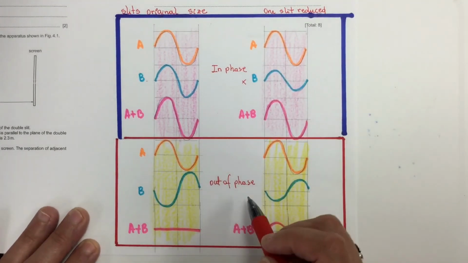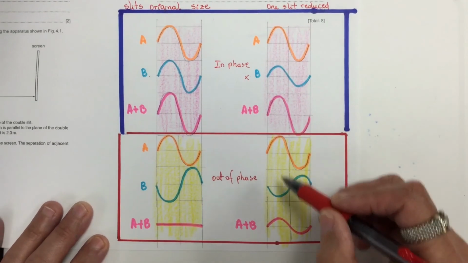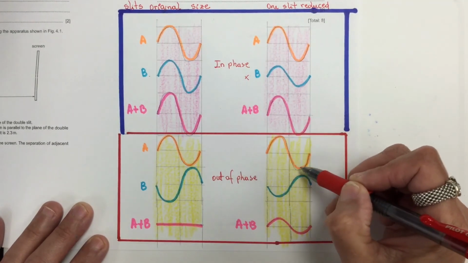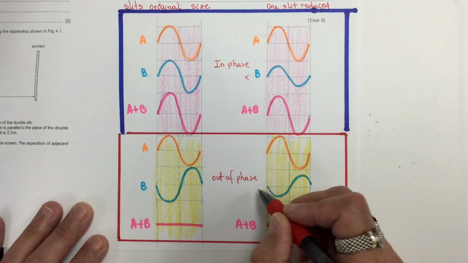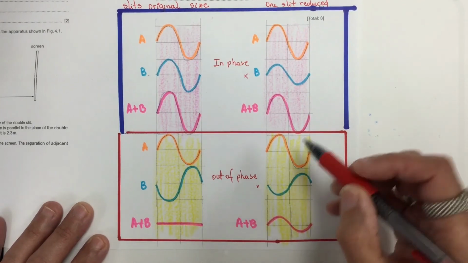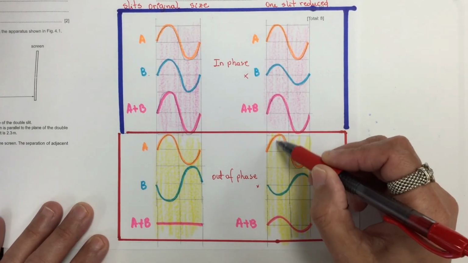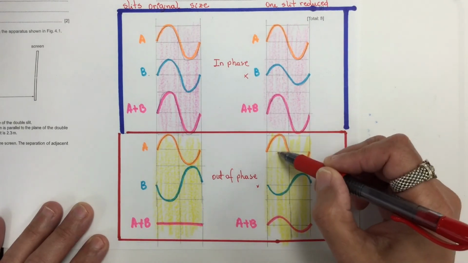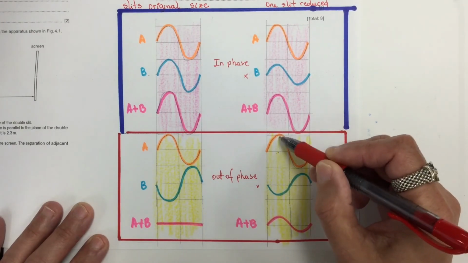Now when they are out of phase, because this is the original size and this one is the reduced size, when we add the vertical displacement here, this is taller than that, it is not the same amount.